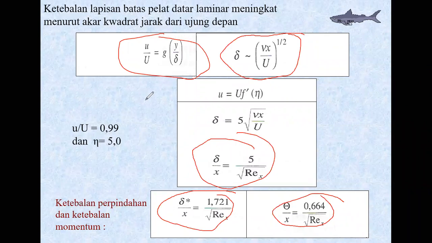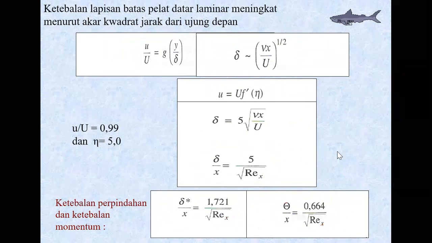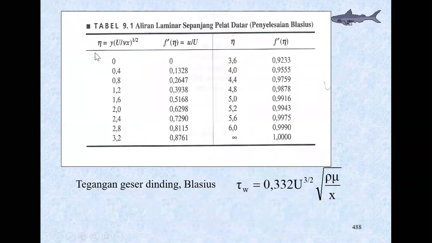The solution of the boundary layer equations mainly gives you the velocity distribution and the thickness of the boundary layer. This is the velocity distribution, that's what we're looking for.